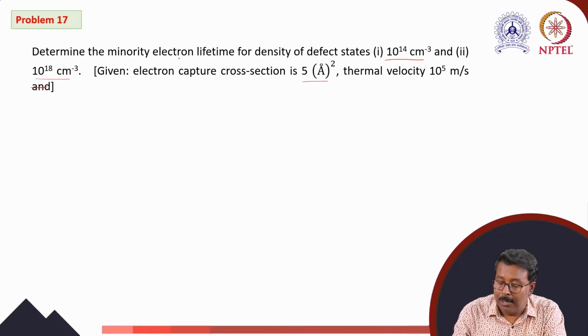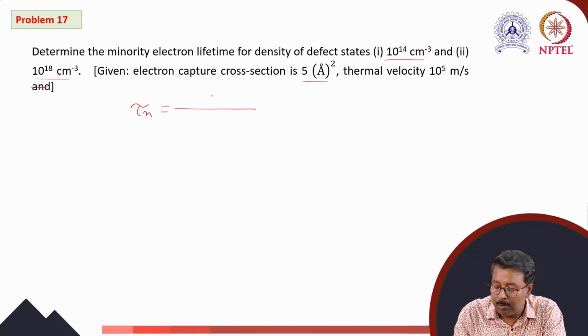So here minority electron lifetime, so it is a p-type material, understood. So tau n is equal to 1 by sigma n Vtn into Nt.